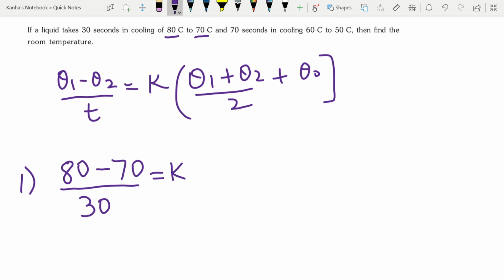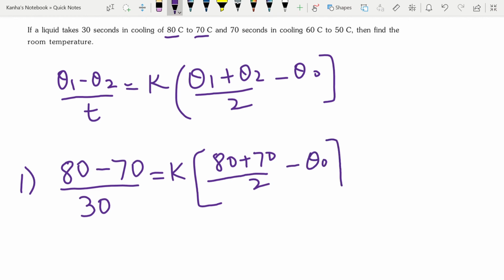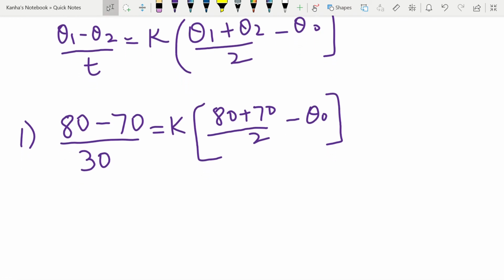I can write this down as some k into (80 plus 70 by 2) minus theta naught. This was minus theta naught. Theta naught is the temperature of the room. Similarly I can write for the second case as well.